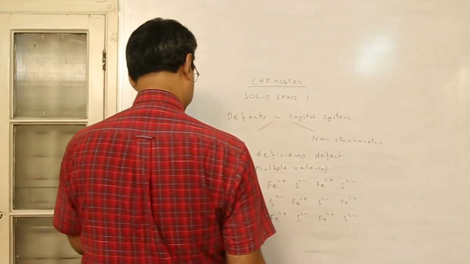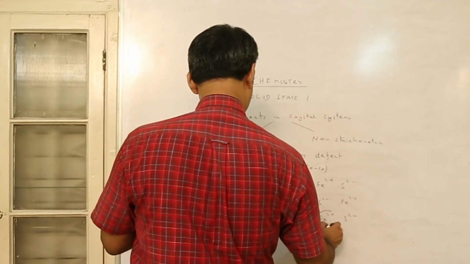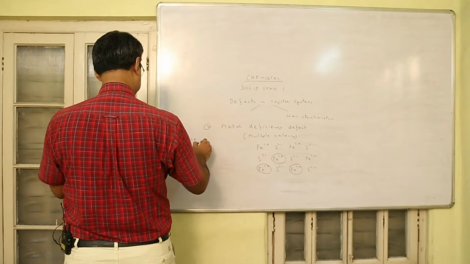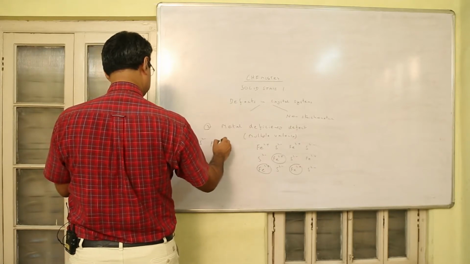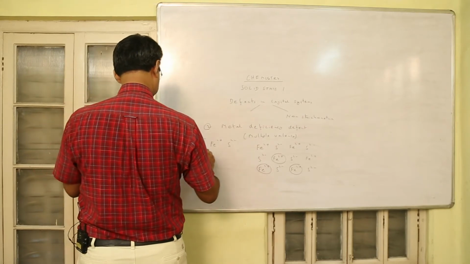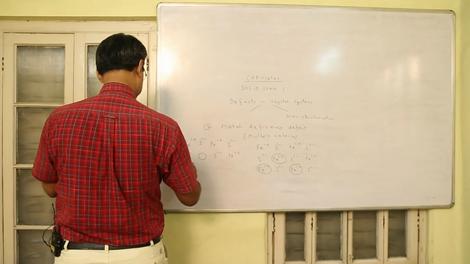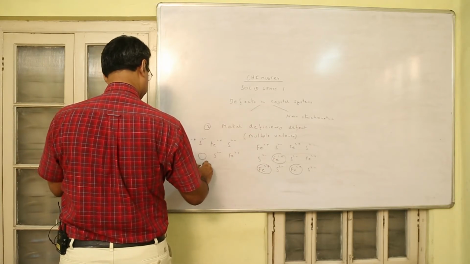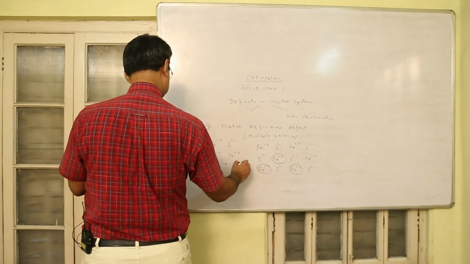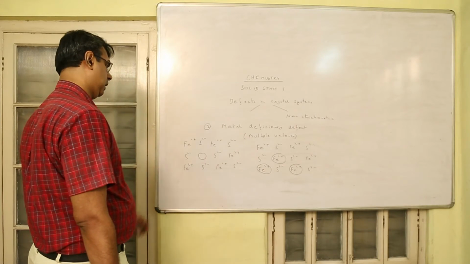So in the structure of FeS, suppose 3 Fe2 plus ions leave their lattice positions.